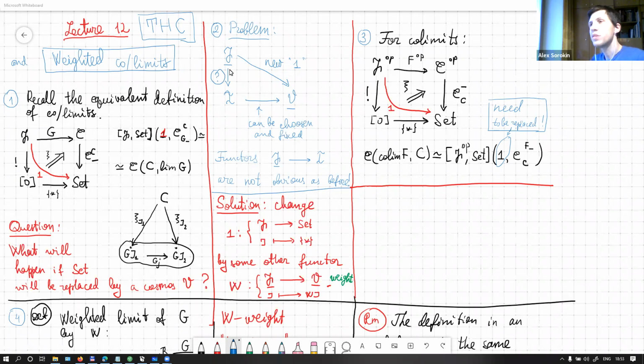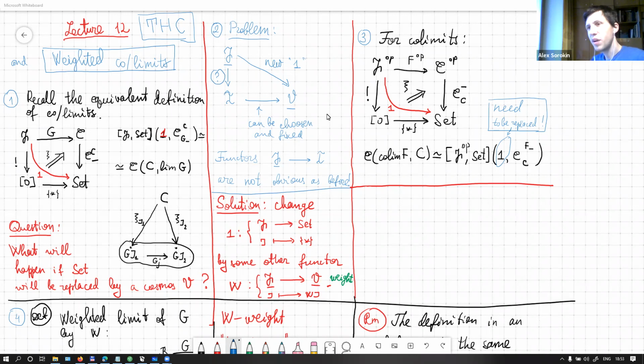What is a functor from any category to a trivial category? This is not clear, and we cannot be so sure how to do this, and there is no unique way. Even the functor from the terminal category to any category can be chosen and fixed.